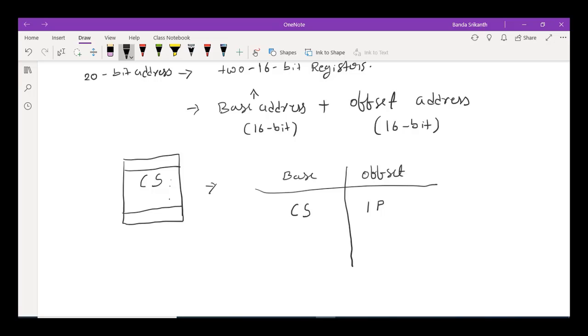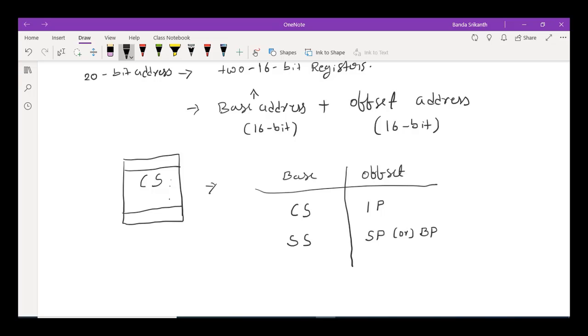Suppose the CPU is accessing stack segment memory locations, then the base address will be taken from the stack segment register and the offset address from the stack pointer or base pointer.